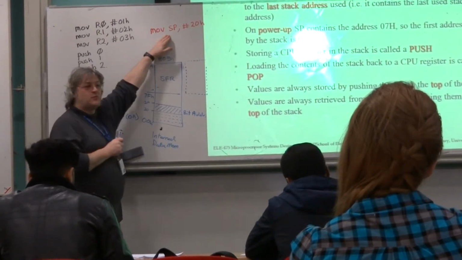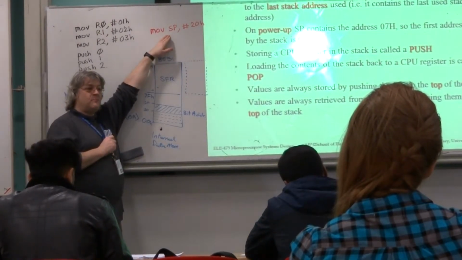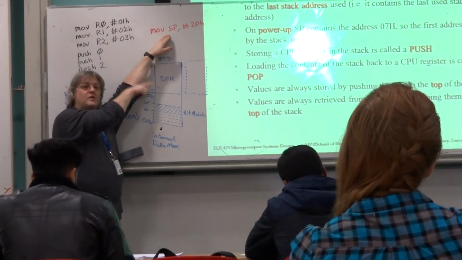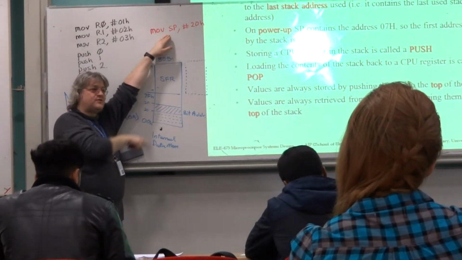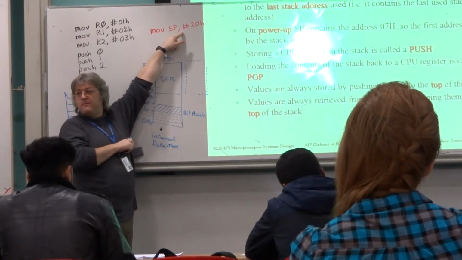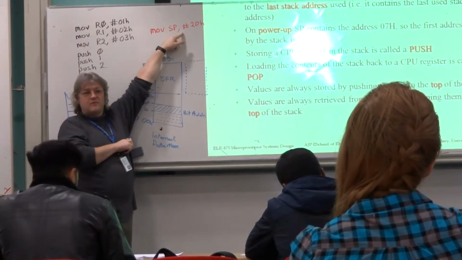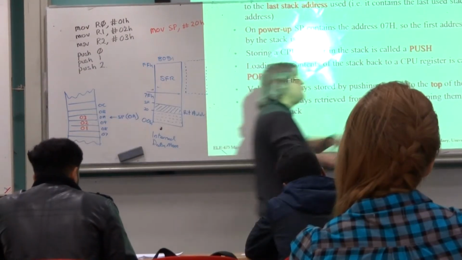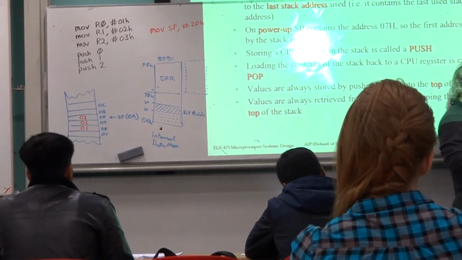It actually won't be 20, because the pushing operation always adds 1 to the stack before you store. So the first location that will actually be used will be location 21. I know you might think it's a bit confusing, but if you remember these rules, you won't get stuck.